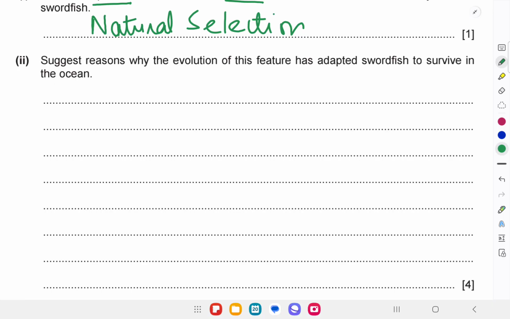Apart from this, they can also avoid being eaten by predators, as they would be able to see the predators better. And obviously, when they have better vision, they can see their mates, they can choose their mates, and they can reproduce better than other swordfishes without the muscle.